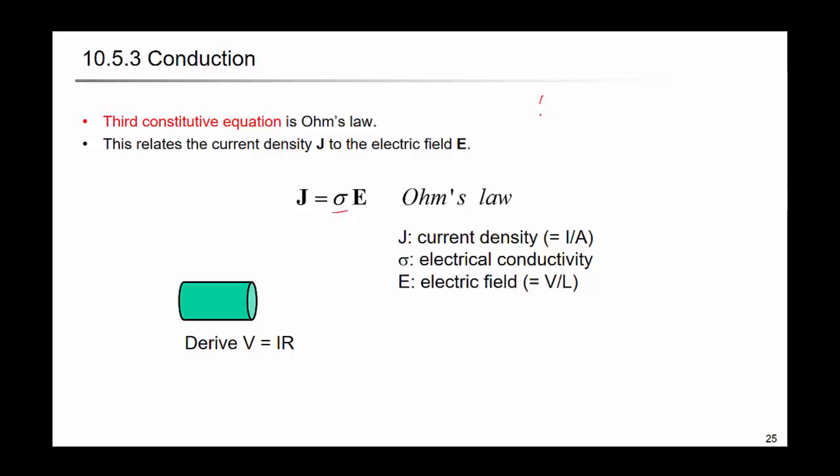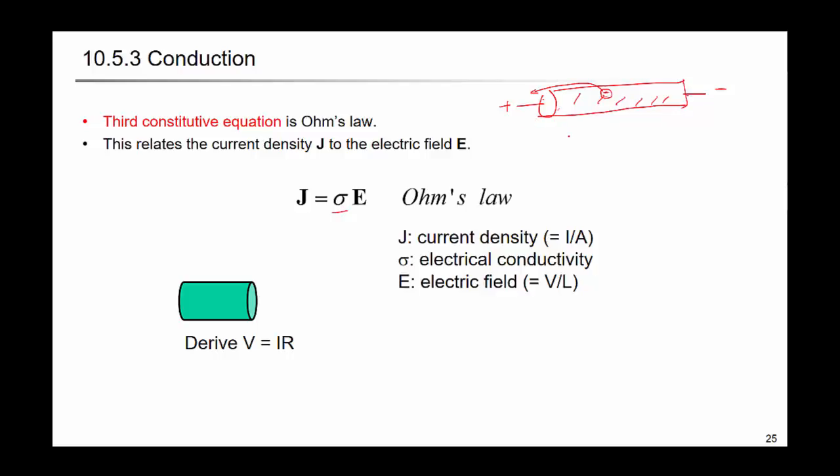So it's like you have a conductor here, and when you apply the electric field, plus and then minus, inside there is free charge. For example, copper, a metal, always has free charge that can move, and this free electron will flow to the positive electrode, right?